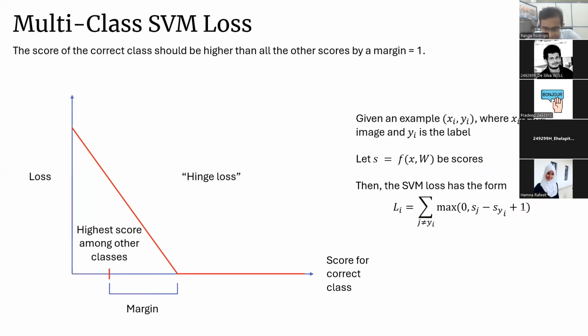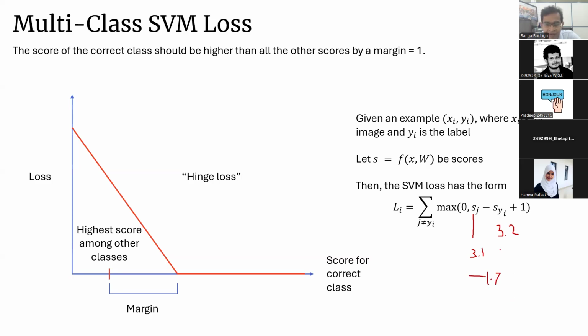Now let's consider this plus one also. Let's assume that the correct class score is 3.2. The incorrect scores, let's assume, are 3.1 and minus 1.7 like before.